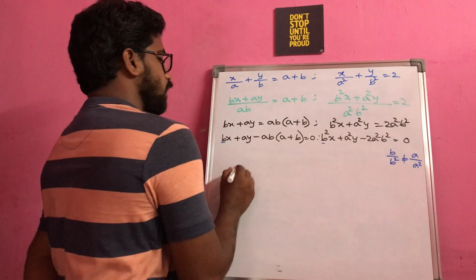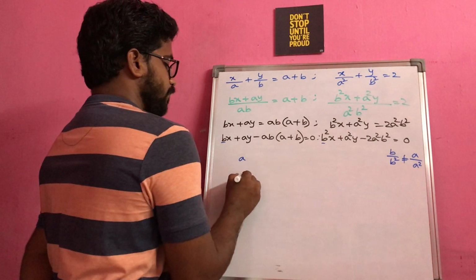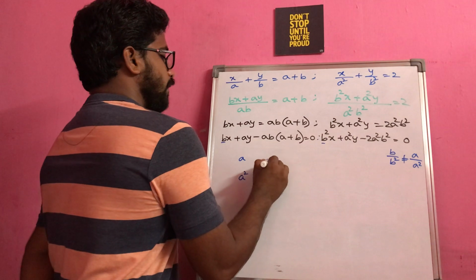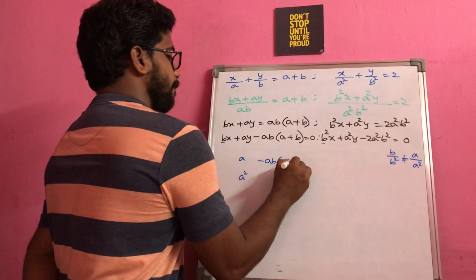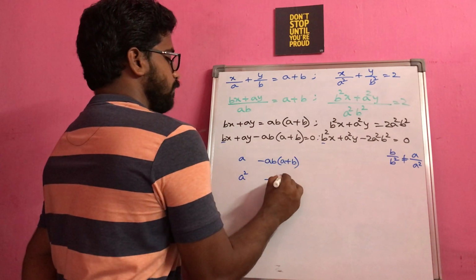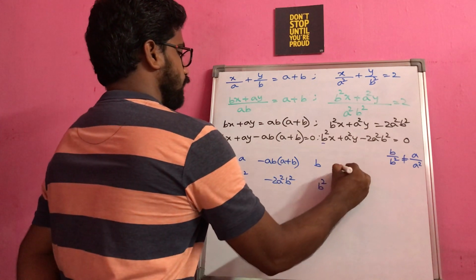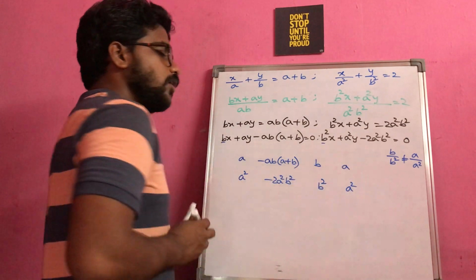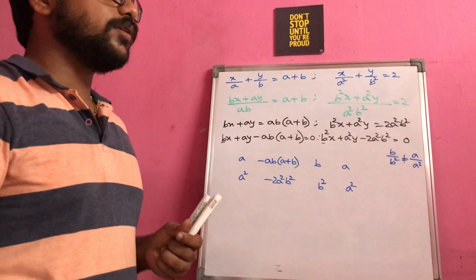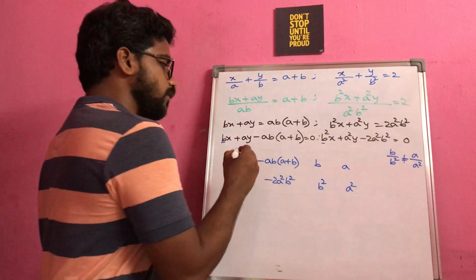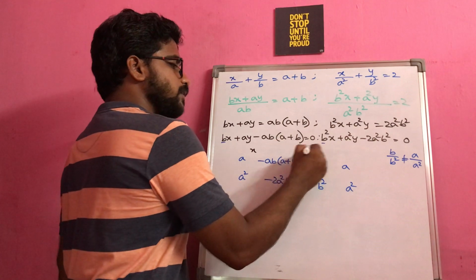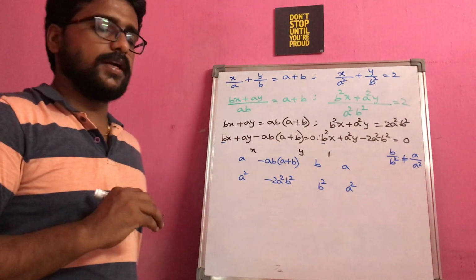So first thing, start with the y coefficients: a square, minus ab of a plus b, minus 2a square b square, b square, a square, right? Just by seeing the terms it is looking too complicated, but once we go ahead with the step-by-step procedure, it won't be that difficult.